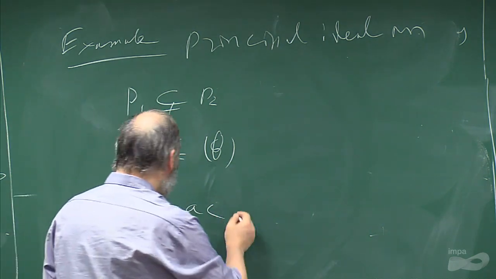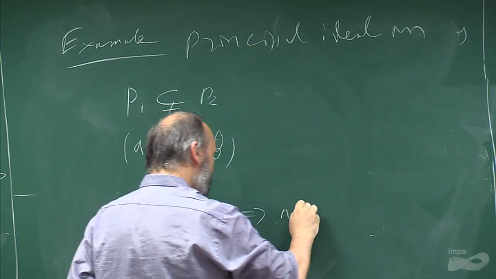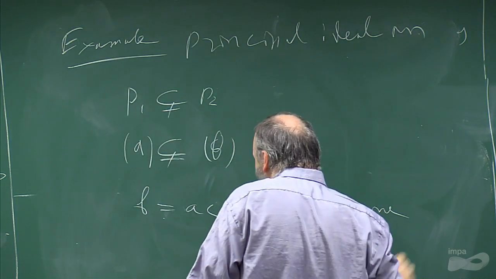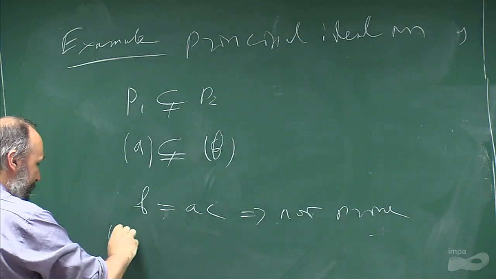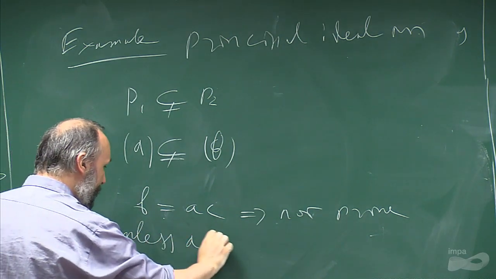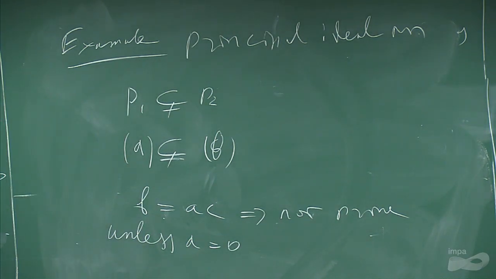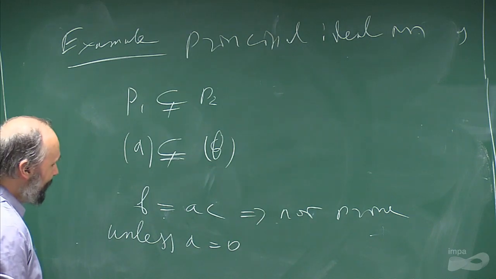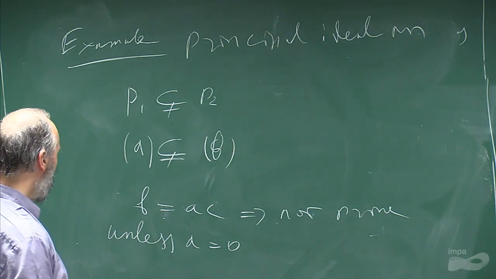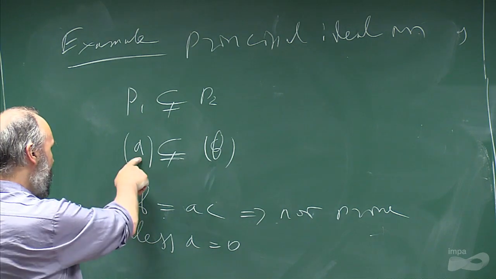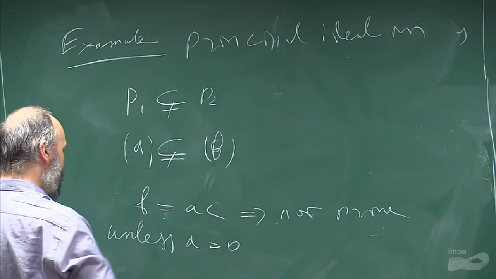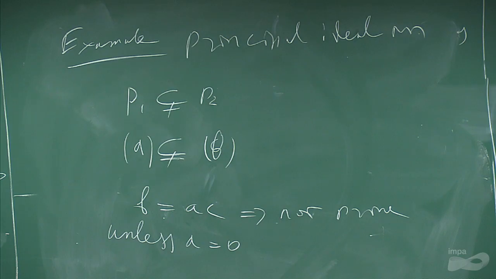So it's not prime. Of course, you have 0, unless A is equal to 0. If A is equal to 0, it's okay. Am I right? B is AC. Well, if it is 0, then it's not AC.